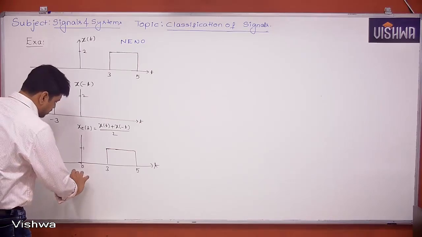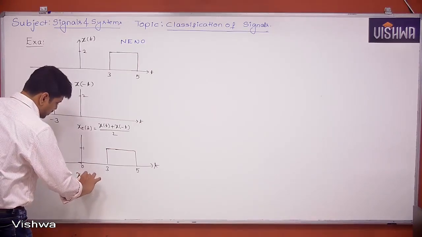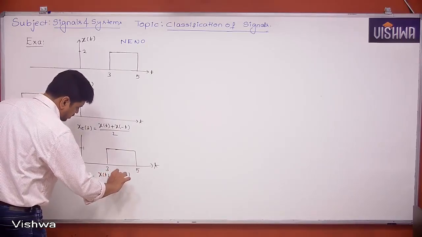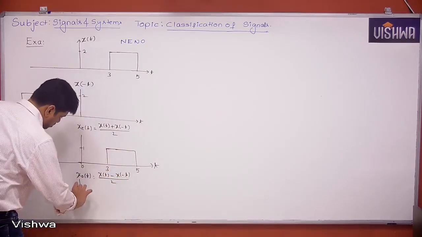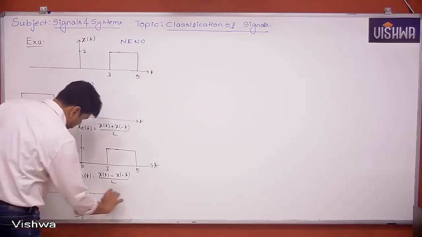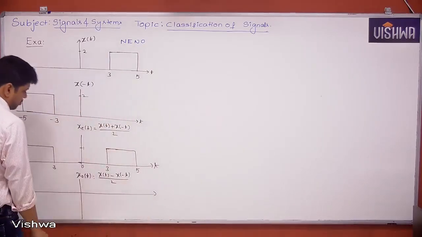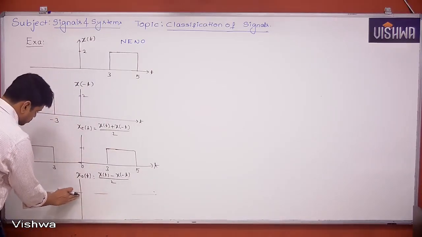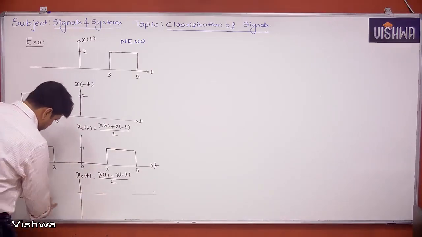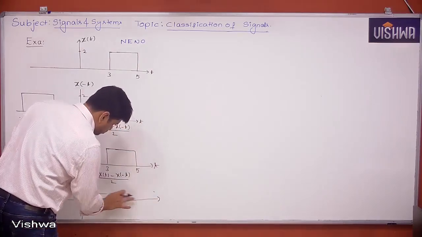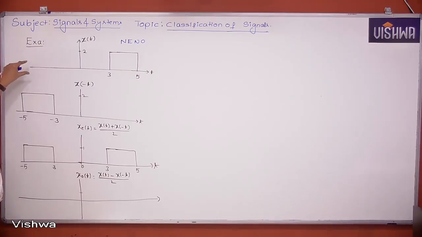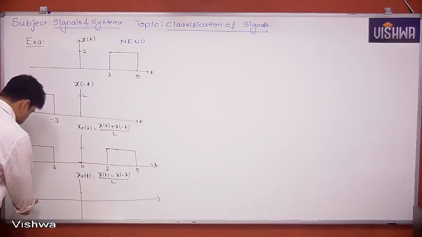Suppose I try to calculate the odd part, that is x of t minus x of minus t divided by 2. Next, 0 minus 2, minus 2 by 2, that is minus 1.